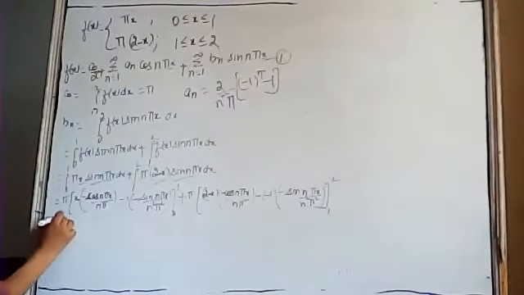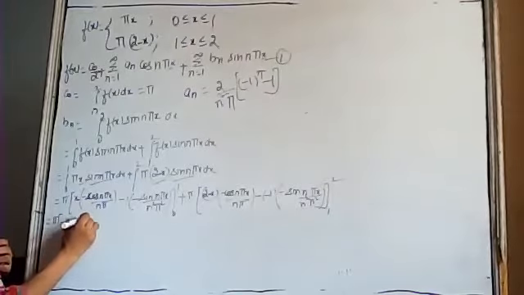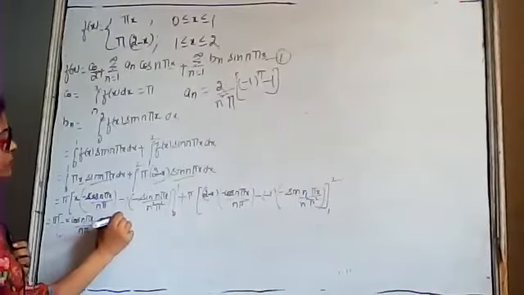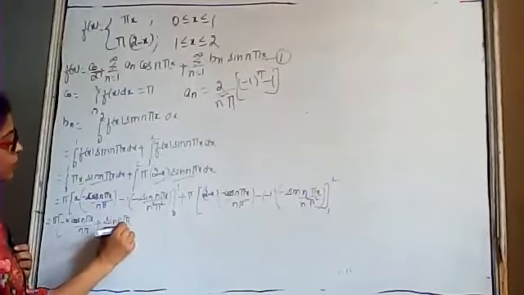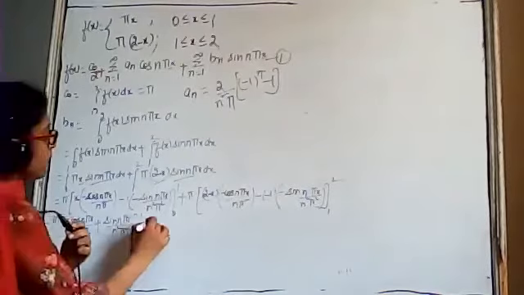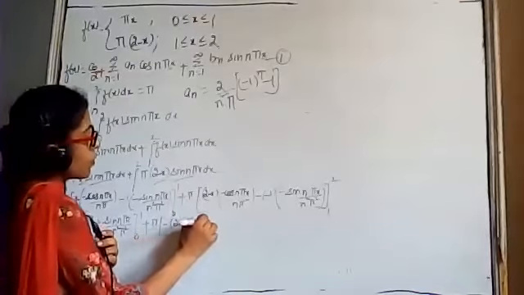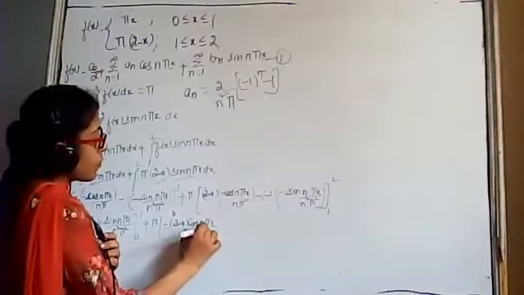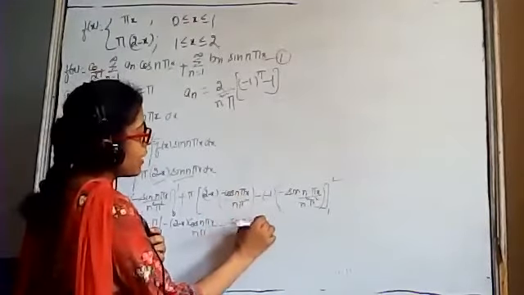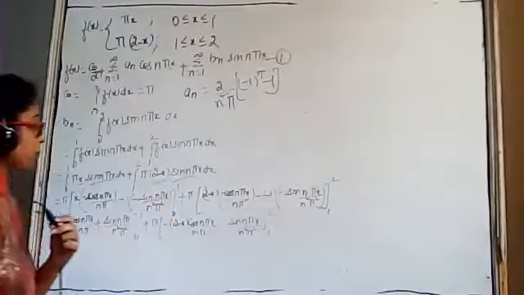This is equal to pi, minus x cos of n pi x upon n pi, minus and minus will be plus sine of n pi x upon n square pi square, limits are from 0 to 1, plus pi, 2 minus x cos of n pi x upon n pi, minus minus and minus sine of n pi x upon n square pi square, and limits are from 1 to 2.